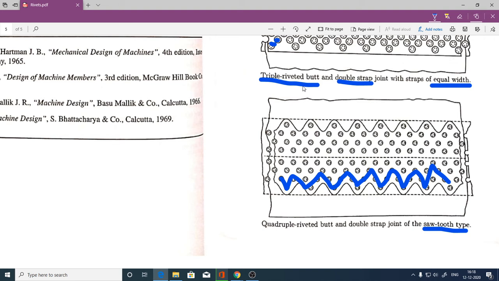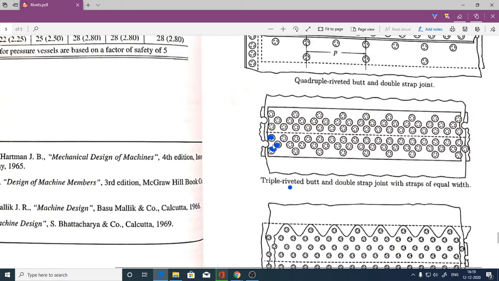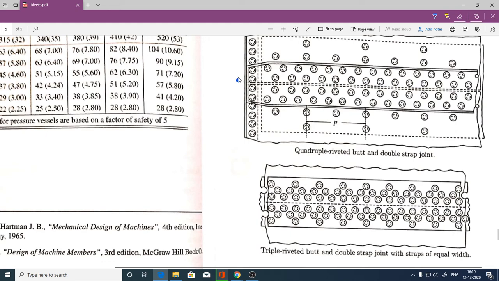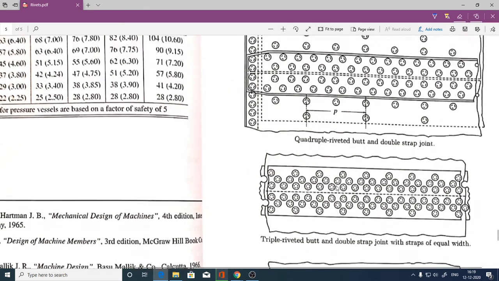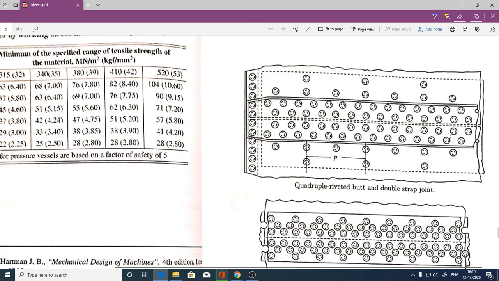Now normally, as I said, they are going to prefer either this one or this one for design of boiler joints.